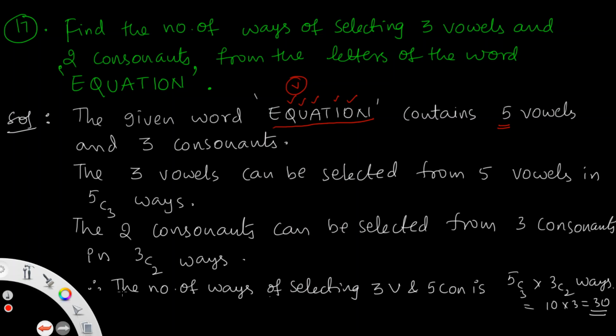Altogether means you have to multiply work 1 and work 2, so the number of ways is 5C3 into 3C2, that is 10 into 3, that is 30 ways. This is question number 17. Then go to question number 18.